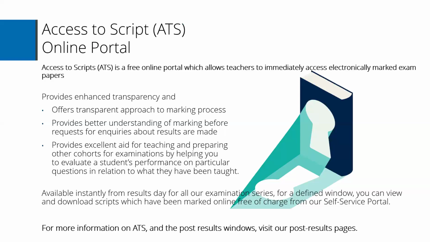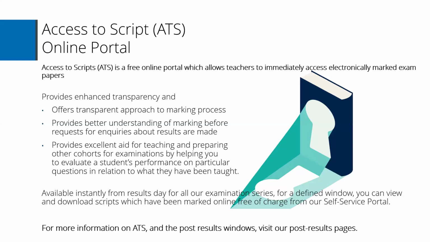Now, the ATS, the access to scripts: this is after your students have taken the exam and had them marked. Provided you have their permission, you can access their papers to see the questions they did well in, and questions they maybe didn't do as well in. You can see how they performed to give you an idea about areas they may be struggling on, or what they've done well.